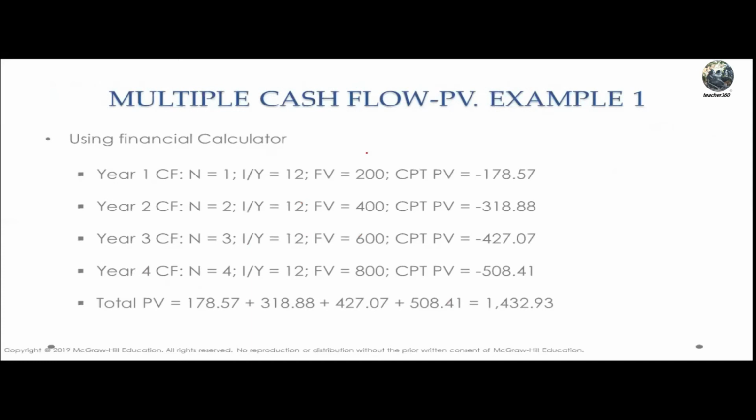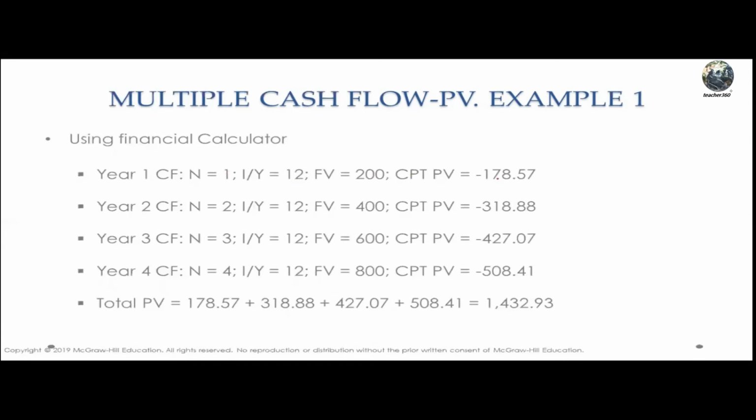You can also calculate this problem using a financial calculator. At year 1, you will receive 200. So your N is 1, your interest is 12, you will receive 200. So press CPT PV in the financial calculator.